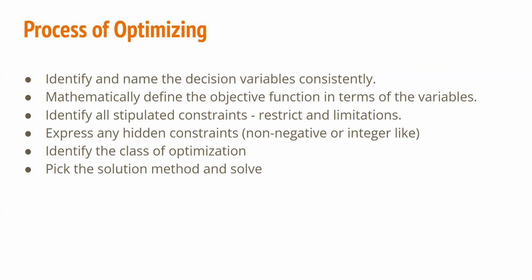Is it an unconstrained optimization or a constrained optimization? If it's a linear programming problem, then definitely it will be a constrained optimization because you have identified the constraints already. So, as per the optimization problem, unconstrained or constrained, you have to pick the solution method and then start solving it.